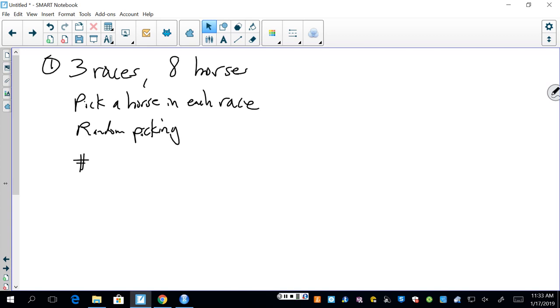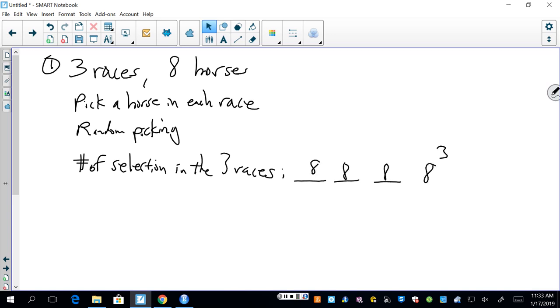What's the number of selections that you can do? Yeah, 8 cubed, right? So you have your three races, you get 8 choices here, 8 choices for the next one, so 8 cubed, which is 512 possible different alternatives.